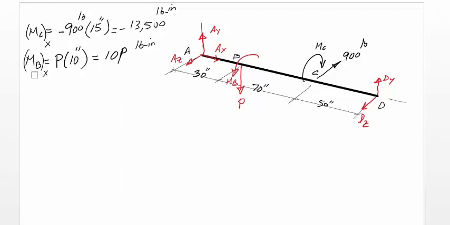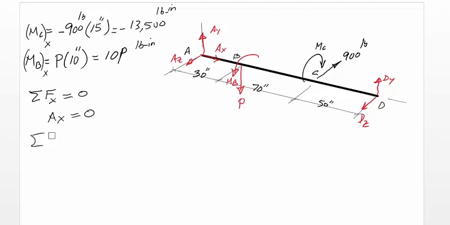As a result, we have 6 unknowns left, and we have, of course, 6 equations of equilibrium. The first equation of equilibrium is summation of the forces along x-axis equal to 0, and we only have AX, therefore AX must be equal to 0.